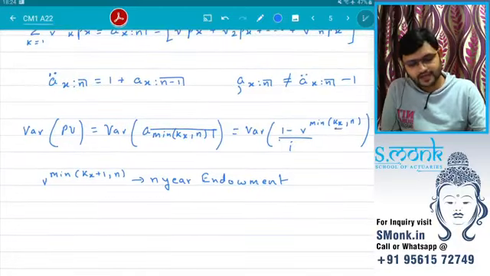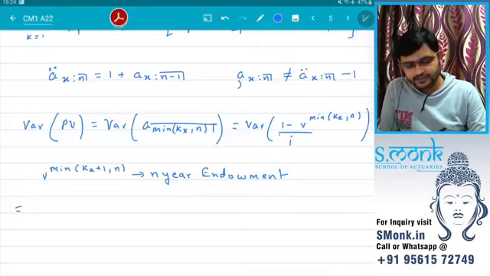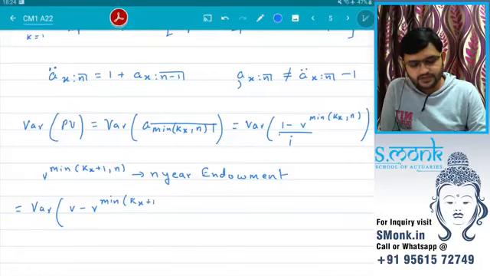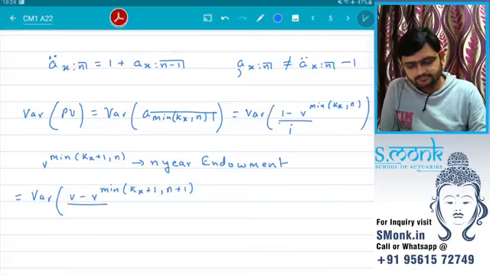But here we have kx, we do not have kx plus 1. To make it into kx plus 1, we will be multiplying and dividing by v. So I'll say variance of v minus v raised to minimum of kx plus 1 comma n plus 1 upon d.